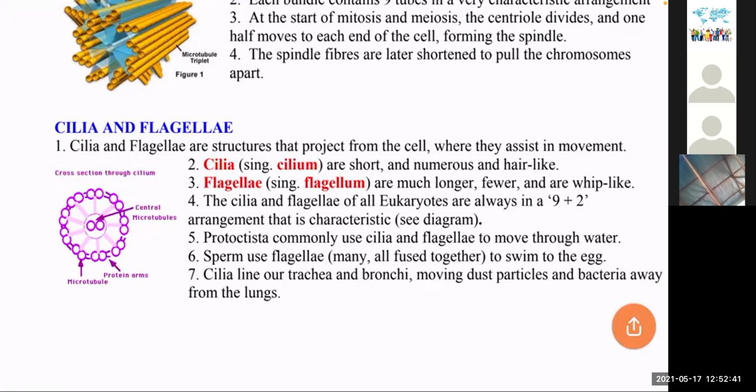You know what a trachea is, right? And our bronchi. They help move the dust particles because they are like numerous hair-like projections. That is one of their functions in the lining of the trachea and bronchi. We understand?